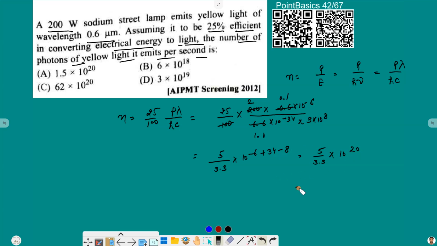And we know this will approximately be equal to 1.5 into 10 raised to power 20, and that is option A for us. Let us move ahead to the next one.